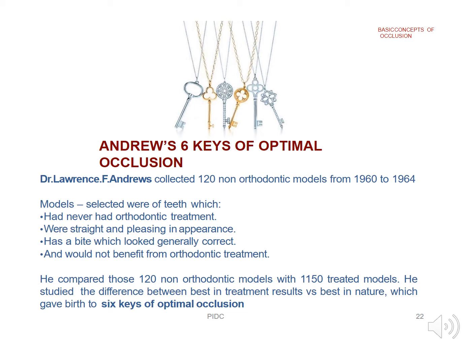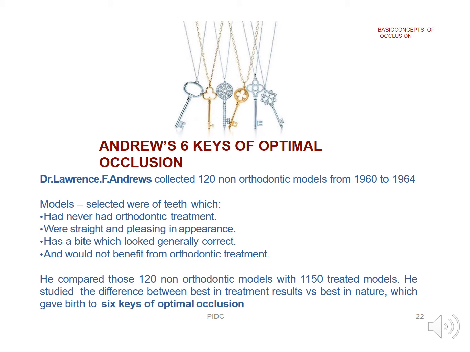He collected 120 non-orthodontic models from 1960 to 1964, and from these models, he selected the study models that had never had any orthodontic treatment, and the teeth were straight and pleasing in appearance. The study models also have a bite which looks generally correct and would not benefit from orthodontic treatment.